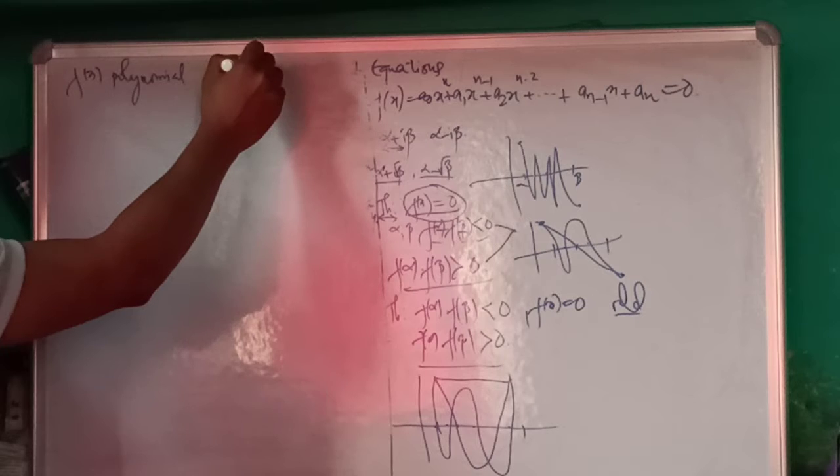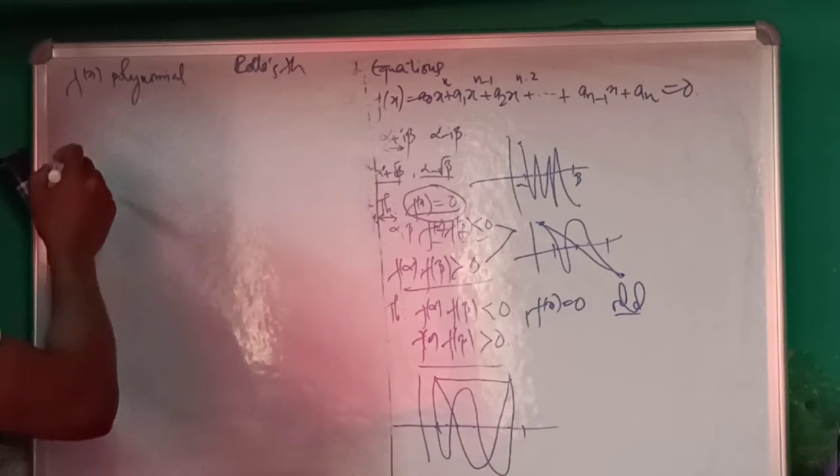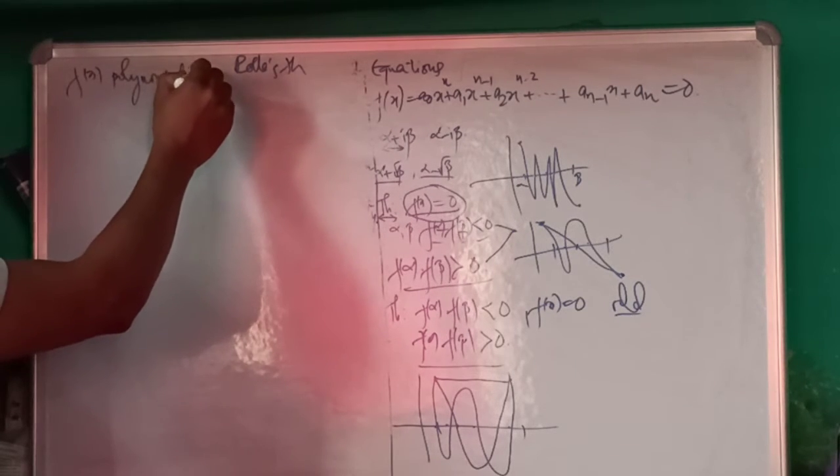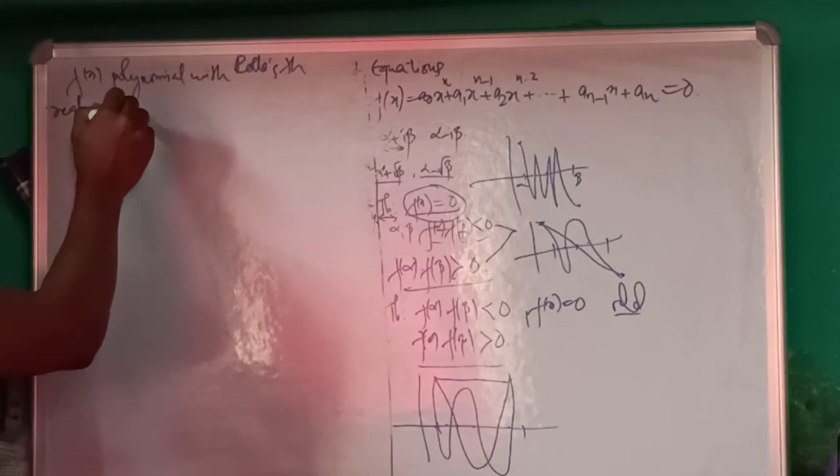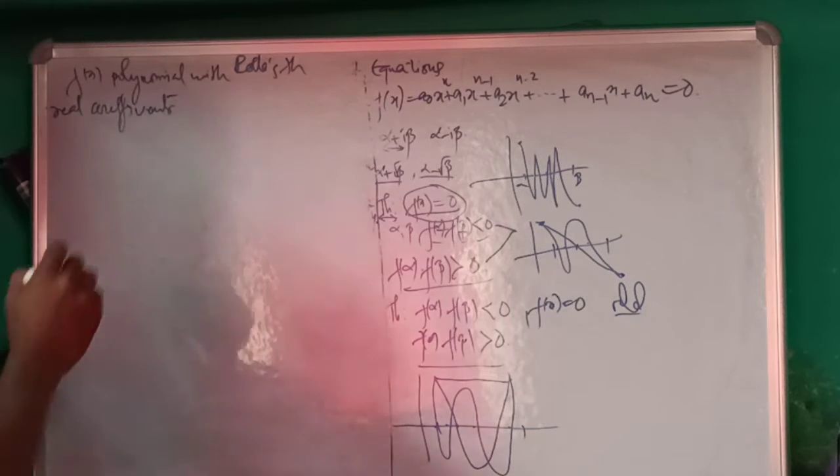Rolle's theorem: let f of x be a polynomial with real coefficients.